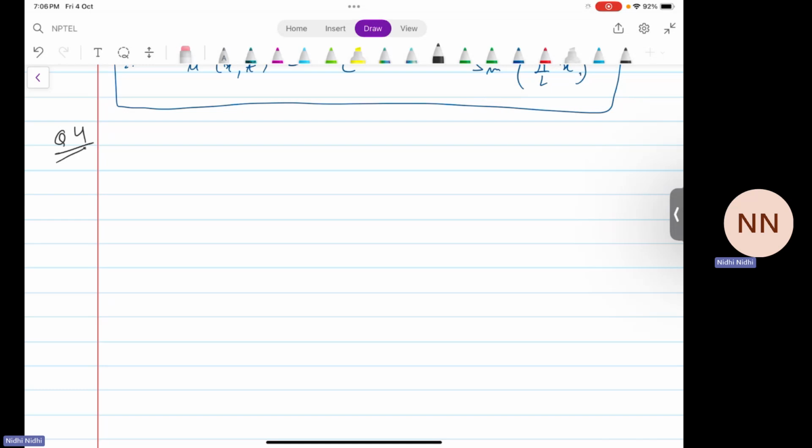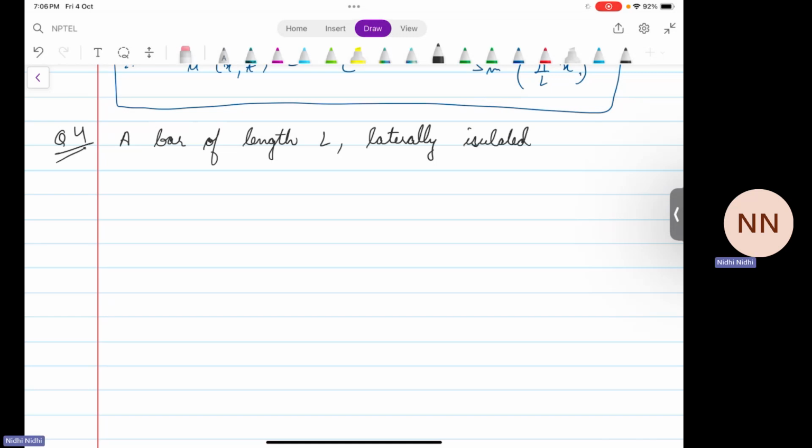A bar of length L, laterally insulated, that means it is insulated at both the ends and the heat cannot flow outside it.